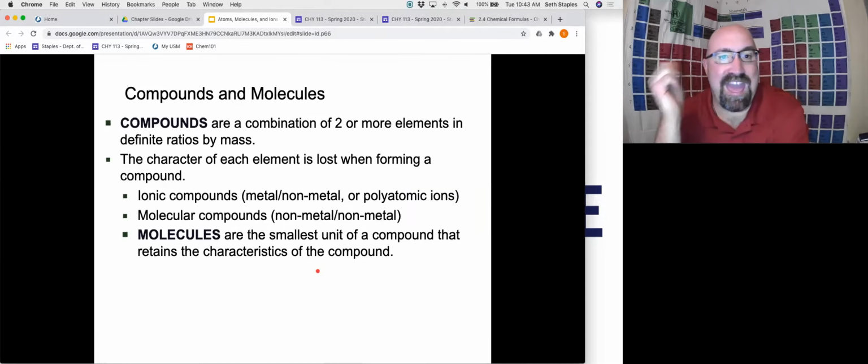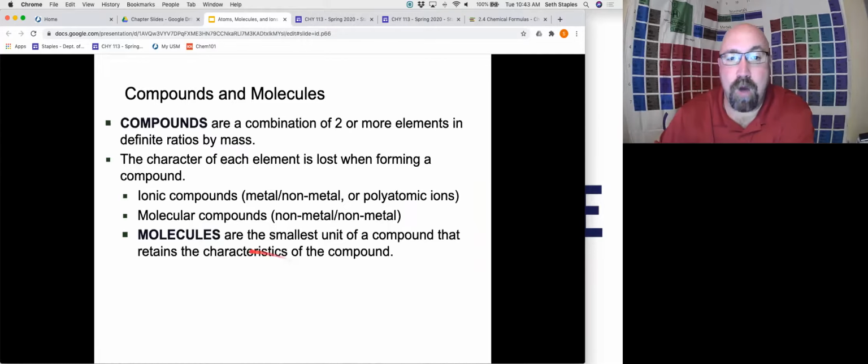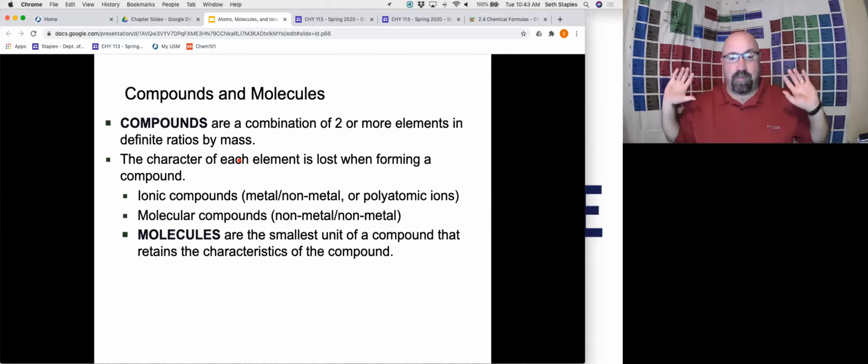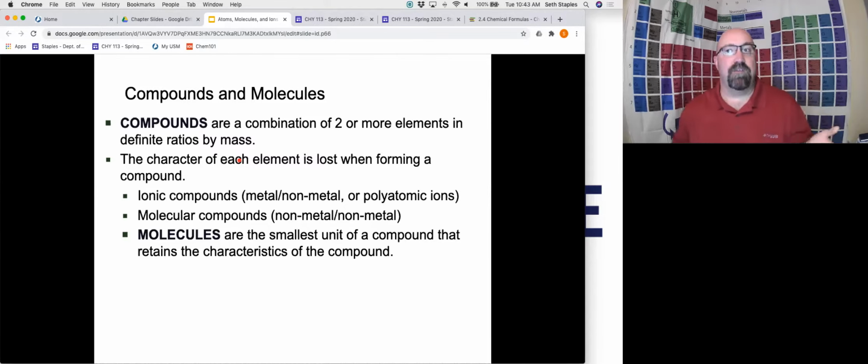It means that every individual molecule of water is made up of 2 hydrogen atoms and 1 oxygen atom. Water is a compound because it is made up of 2 or more elements. If we're talking about individual water particles, so to speak, then each of those individual particles is a molecule.